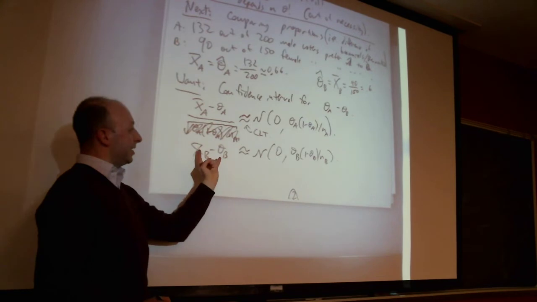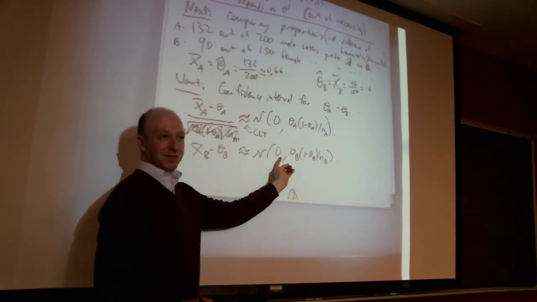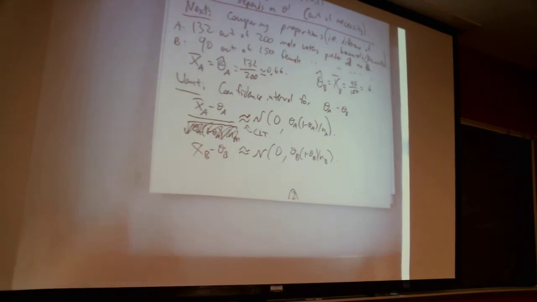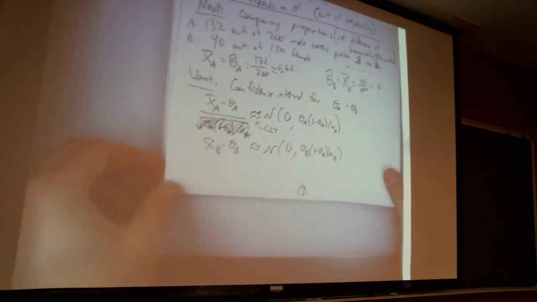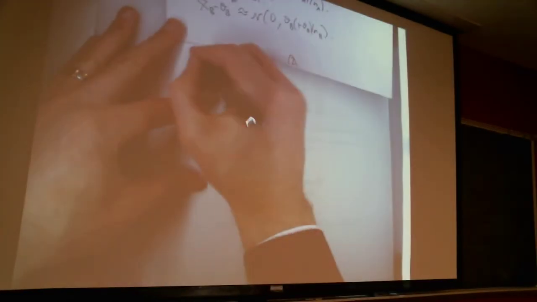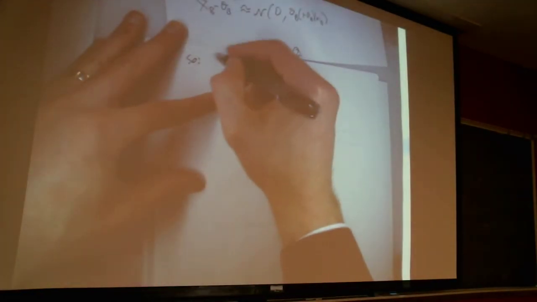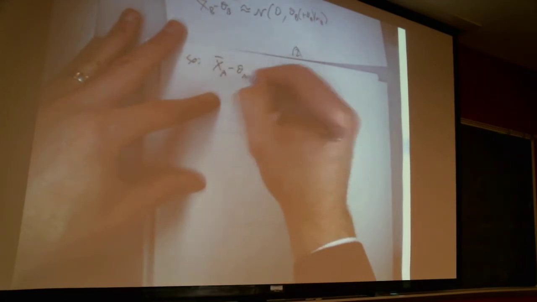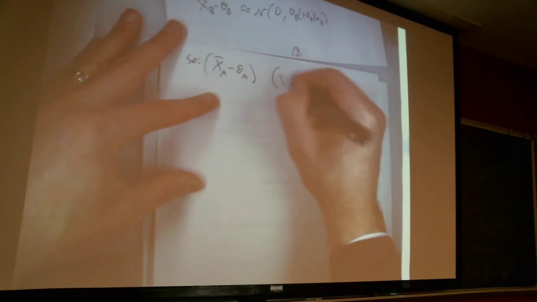The negative of this is still Gaussian, and now I have the sum of two Gaussians, which is to say the difference of two Gaussians. Here we have x A bar minus theta A, that's a Gaussian.